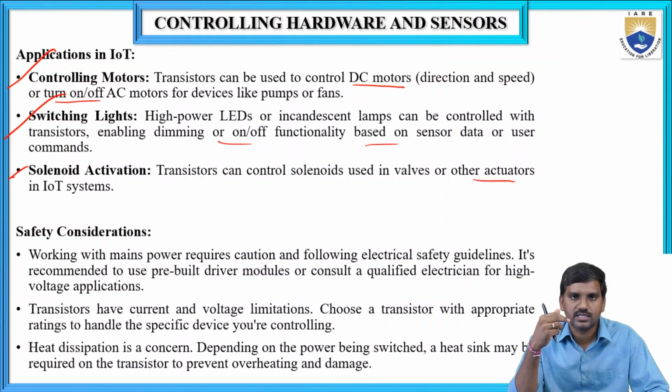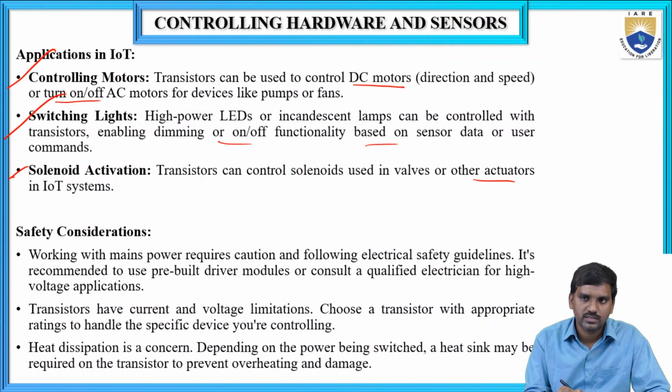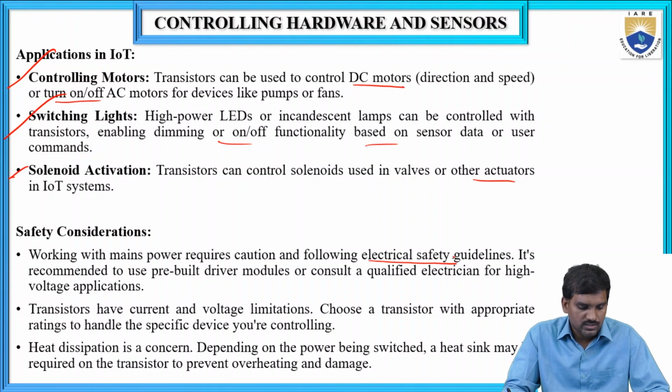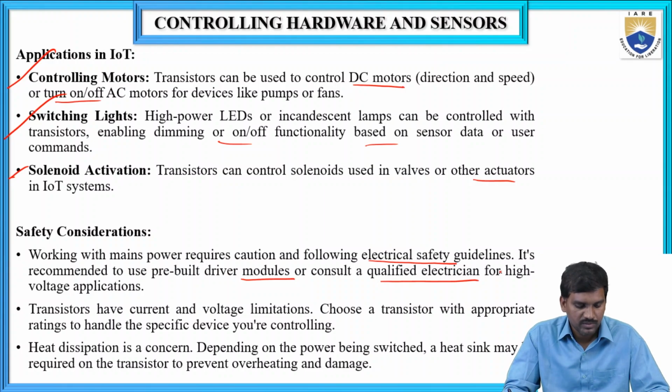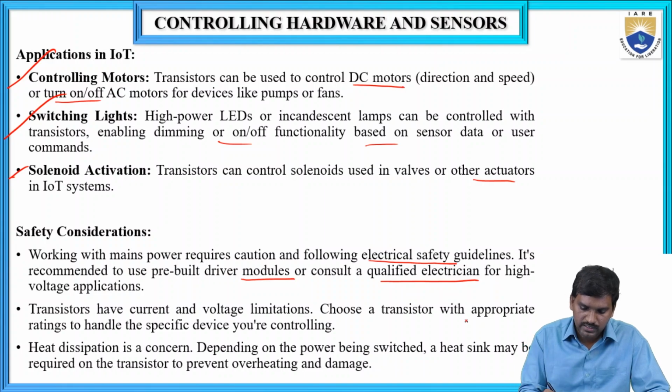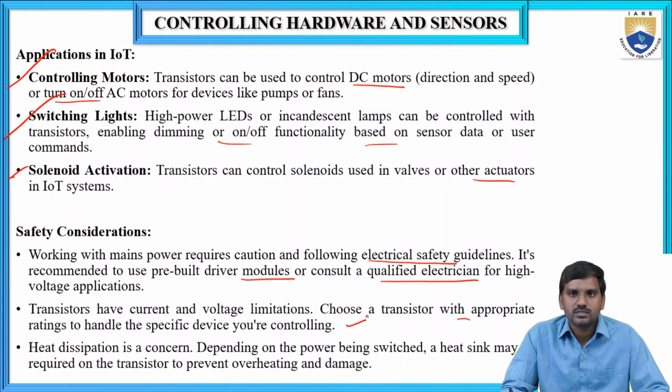Next, safety considerations. Working with mains power supply requires caution, following electrical safety guidelines. It's recommended to use pre-built driver modules or consult a qualified electrician for high voltage applications. Transistors have current and voltage limitations. Choose a transistor with appropriate ratings to handle the specific device you are controlling.